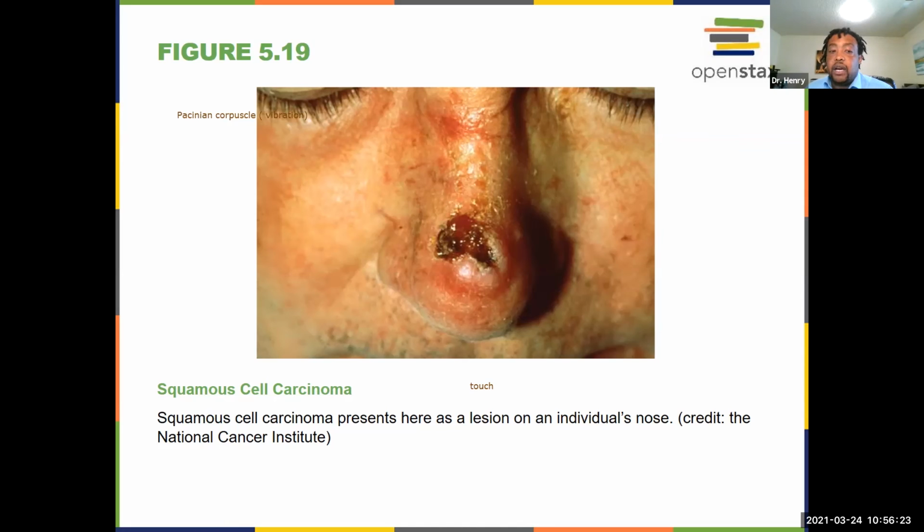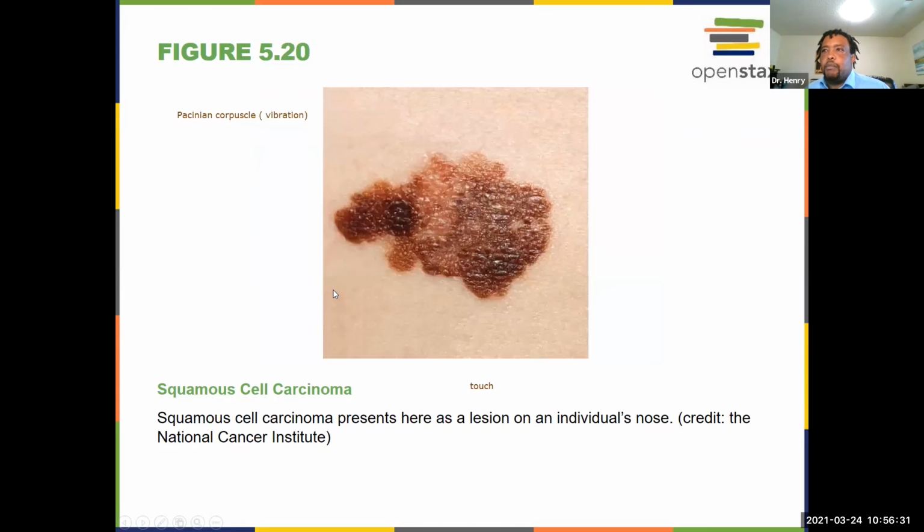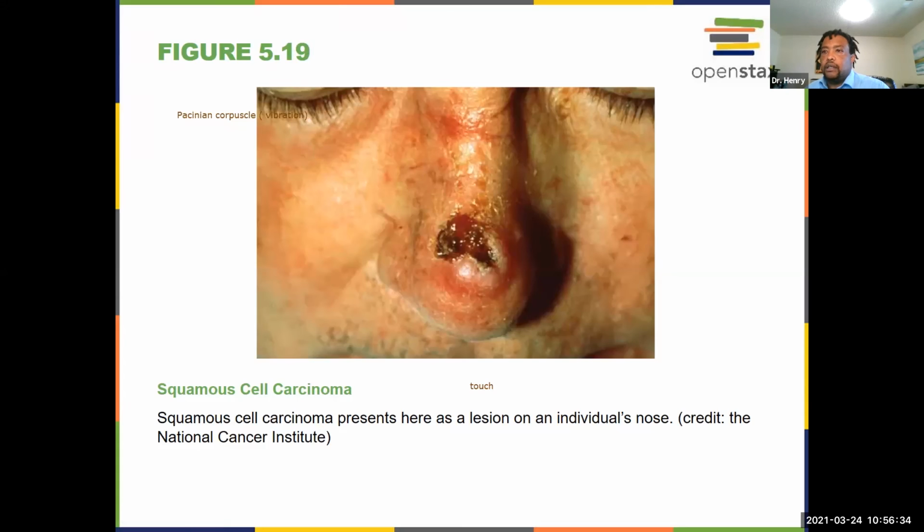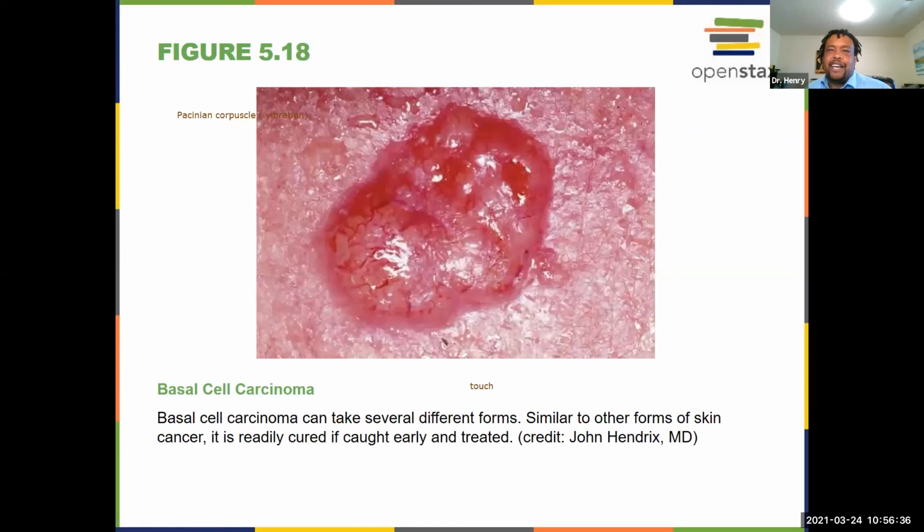Again, these are treatable, but in this context, you're getting lesions, right? In the other context, you're getting like a mole-like exposure, but you're also still getting, if you look at the veins and stuff like that, a lot of cancer cells.